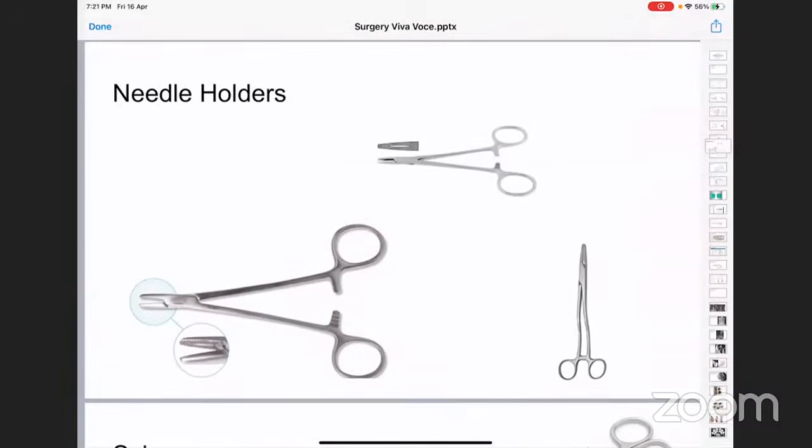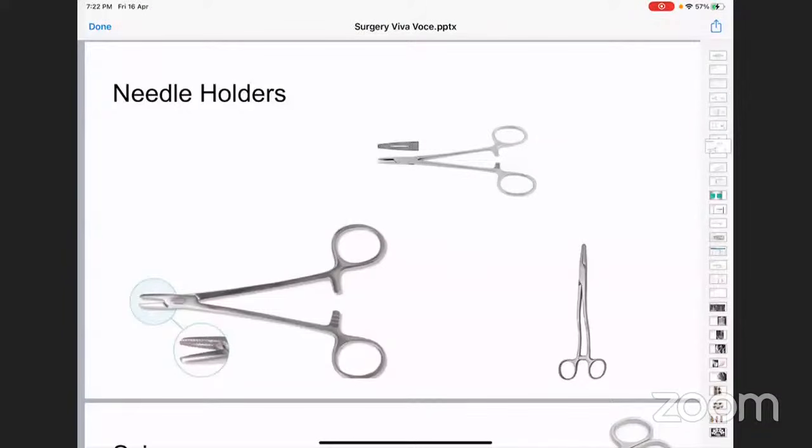Then we come to needle holders. There are a few very important points that you need to know about needle holders to distinguish them from other similar instruments. They have a very short blade system. If you compare the length of the shaft, the blades are relatively short and stout, and the blades are triangular and pointed with cross serrations.